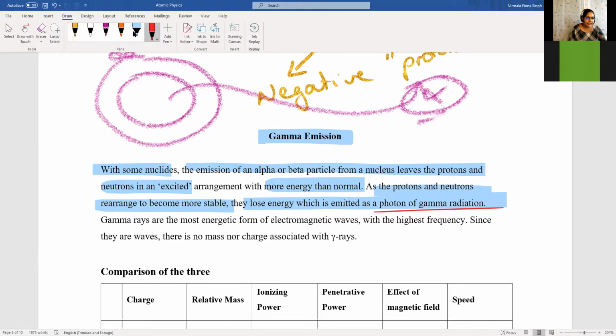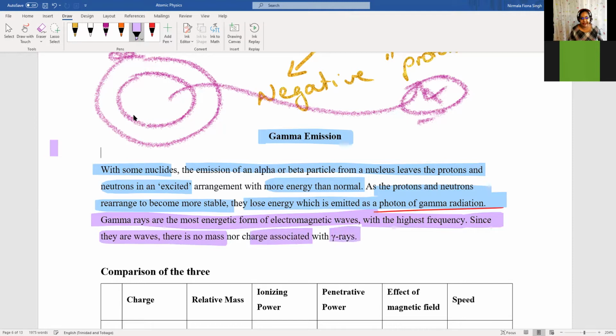Gamma rays are the most energetic form of electromagnetic waves, with the highest frequency. There's nothing higher, naturally, any kind of wave that has a frequency higher than gamma rays, the highest form of energy in the universe that we know of so far. Since they are waves, there is no mass nor charge associated with gamma rays.